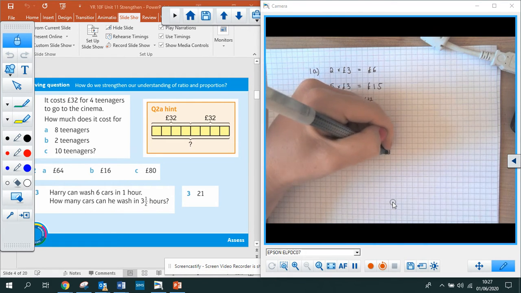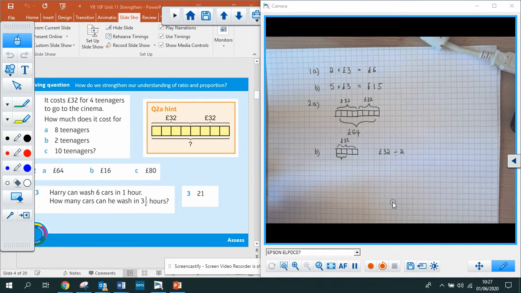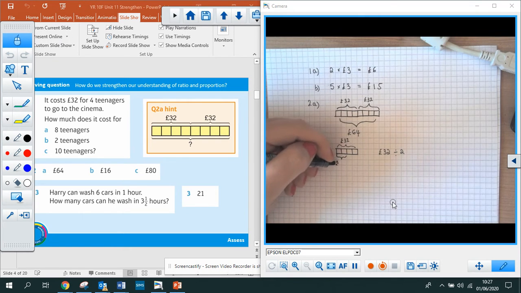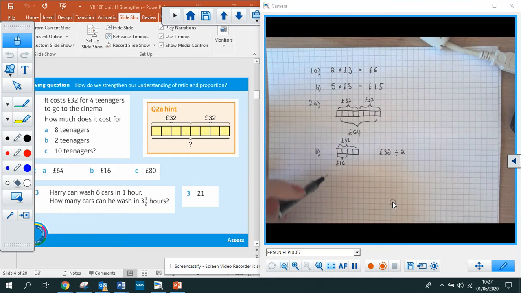So £32 divided by 2 will give us the cost for 2 tickets, because we've halved it. That will give us £16. So the cost for 2 tickets is £16. Notice so far I've just been looking for the relationships between what I knew, the cost for 4 teenagers, and what I was looking for.